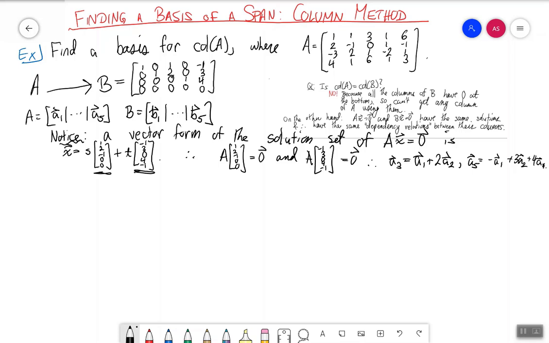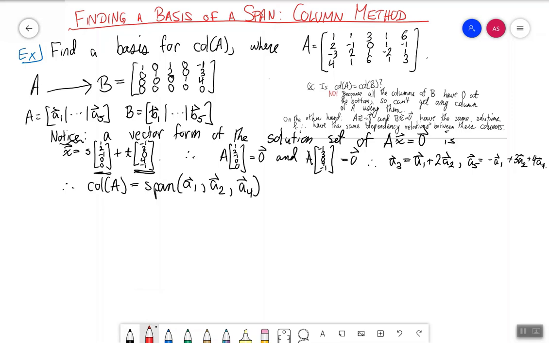In particular, A3 and A5 are redundant when it comes to computing the column space. So, in other words, the column space of A is the span of the vectors A1, A2, and A4.